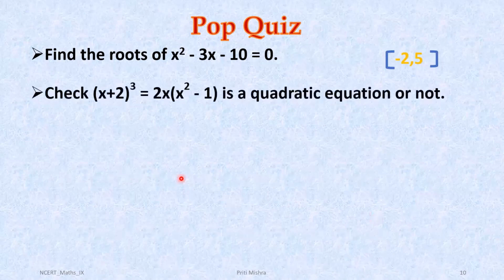Next question is, check whether (x plus 2) whole cube is equal to 2x into (x square minus 1) is a quadratic equation or not. Yes. Find it out. Just you have to use here cubic identities, (a plus b) whole cube.